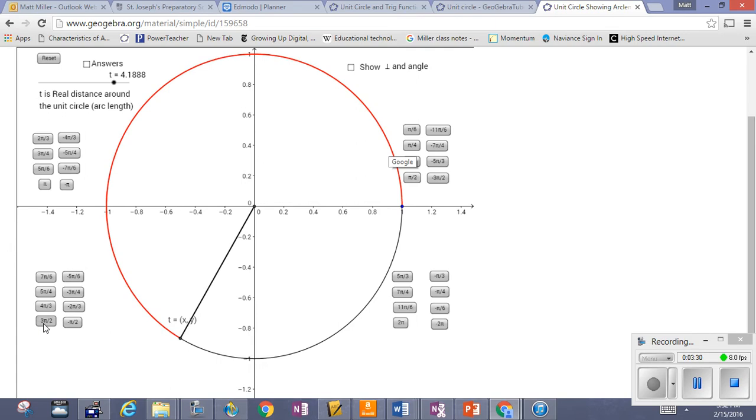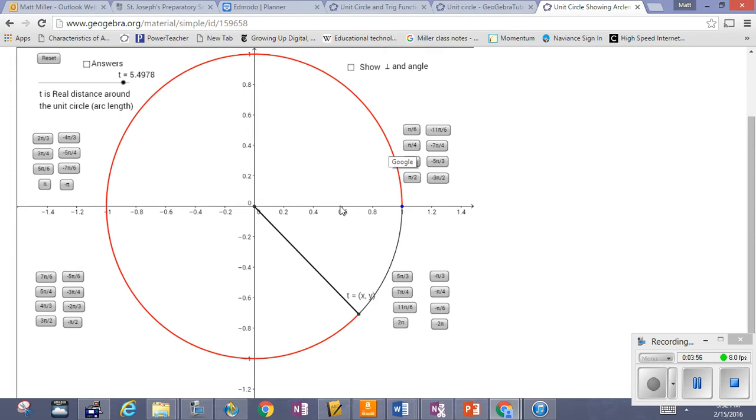3 pi over 2 is 3/4 of the way around the circle, going into the fourth quadrant with a pi over 6 short of a full 2 pi revolution. 2 pi would be 12 pi over 6, and if I'm short by pi over 6, I'm at 11 pi over 6.